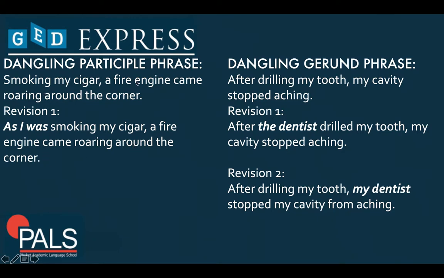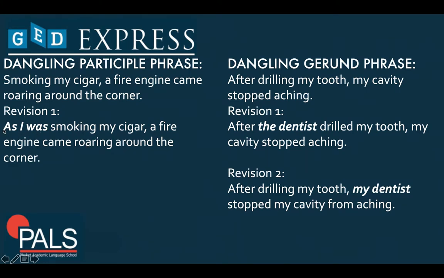So here in this sentence, it makes you question who is smoking. Well, it says "my," so that's a clear indicator, but still, you want to be making that clear. So anyone could be smoking your cigar, actually. "Smoking my cigar, a fire engine came roaring around the corner." So here it makes it more specific: "As I was smoking my cigar, a fire engine came roaring around the corner."